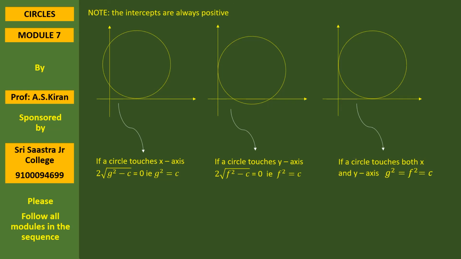If there is a circle which touches both x-axis and y-axis, then the condition is g square is equal to f square is equal to c. Able to understand?